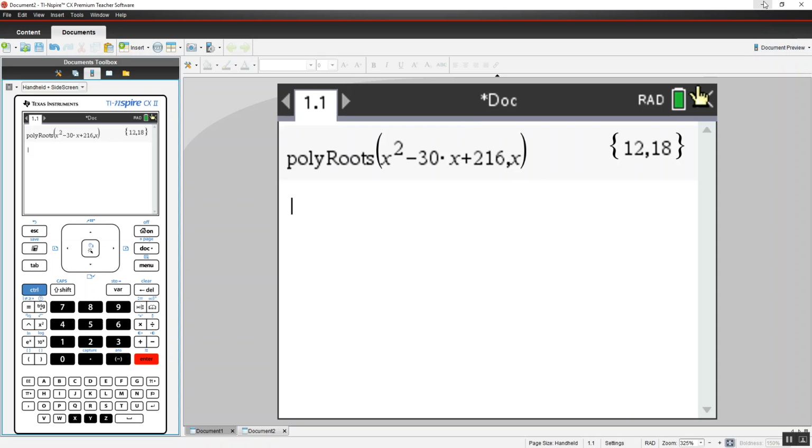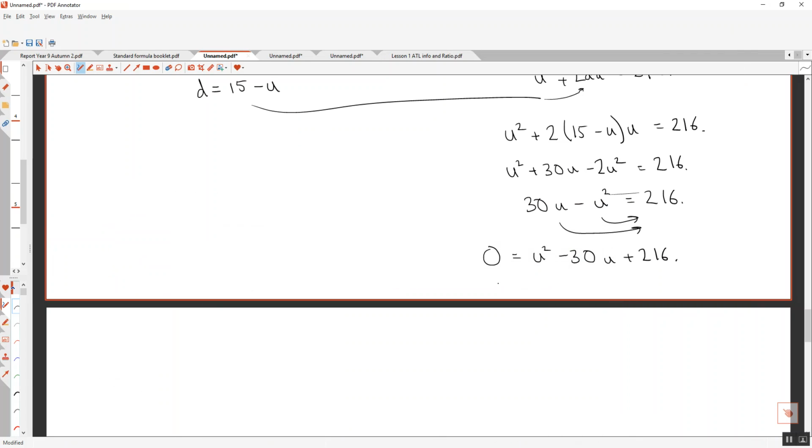Getting 2 answers is not a shock, okay? Is that okay so far? Okay, you follow that? So I've solved this, and I have figured out, using our calculator, that u is equal to either 12 or u is equal to 18.